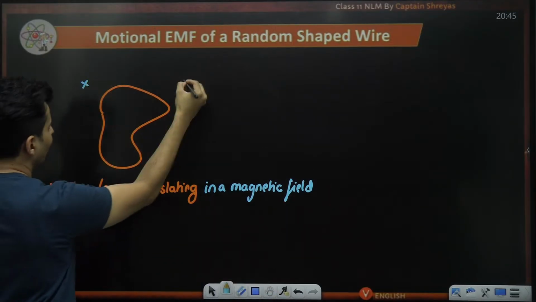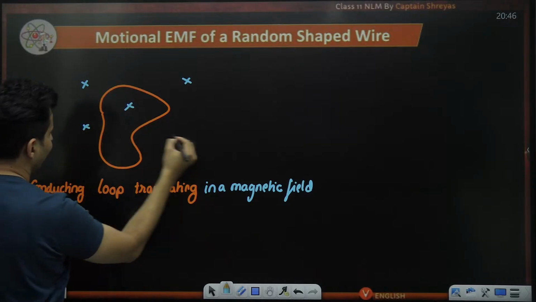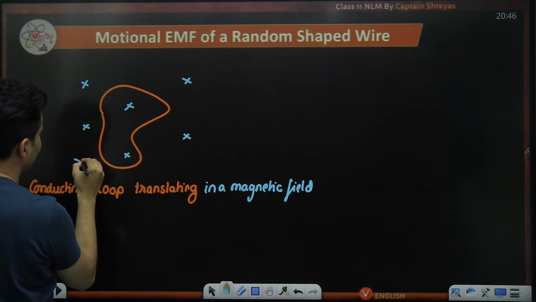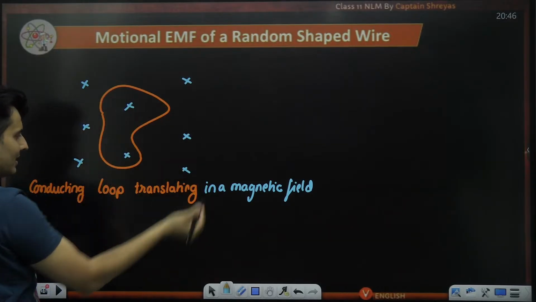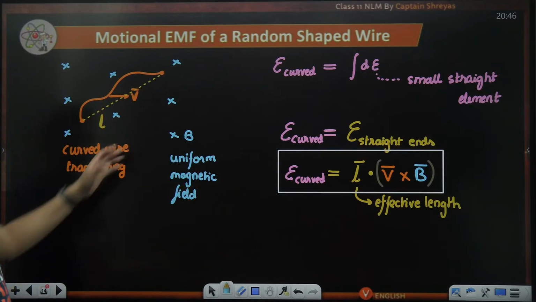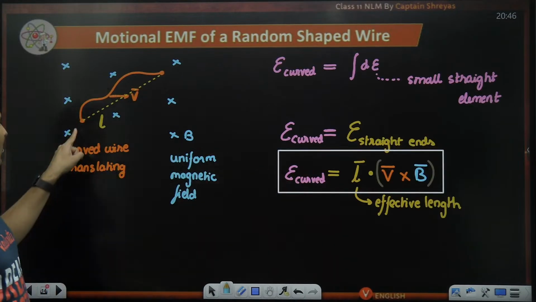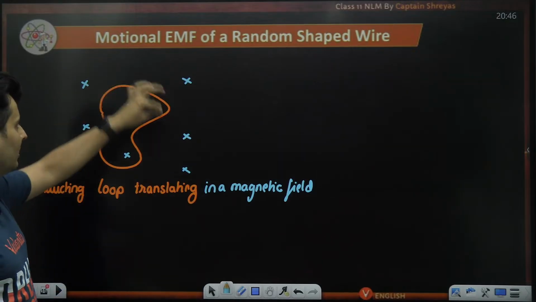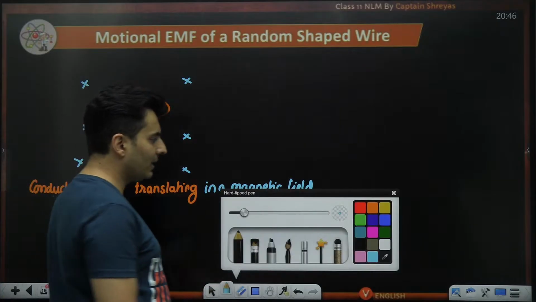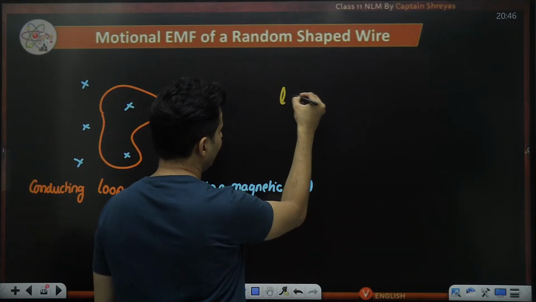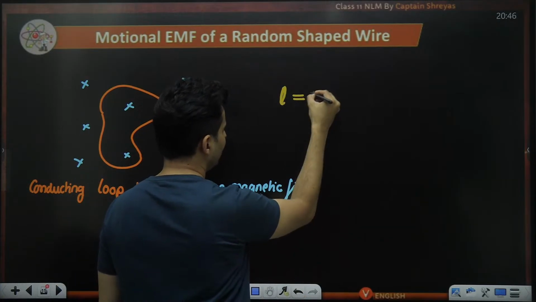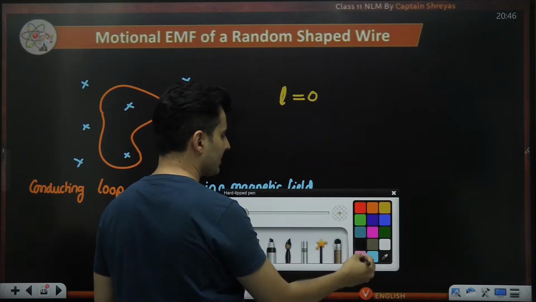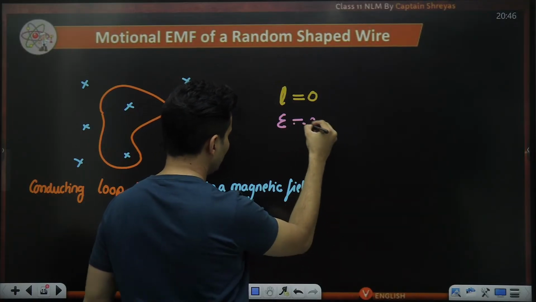Now, whether you go via this theorem or even via Faraday's law, you will get the same thing, because there is no flux change. Also, the effective length, because there is no end over here or no start, or if you take a start, the end is the same point. So the effective length will be a big fat 0. So hence that EMF will also be 0.